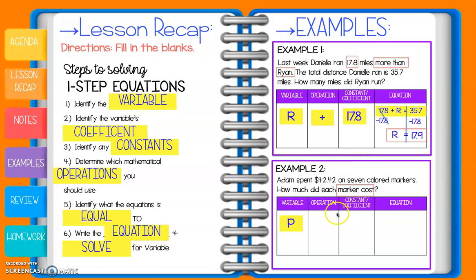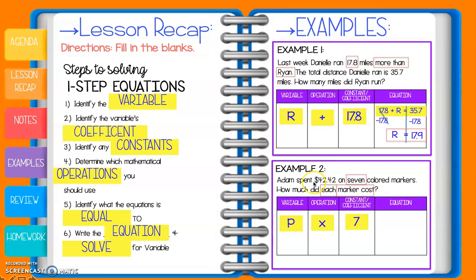We're looking for the math operation here, and I see the word each. When we're saying that each one costs this much, that tells me that we're going to be multiplying. It said that he purchased 7 of these. So our coefficient here is going to be 7 because he purchased 7 of them.